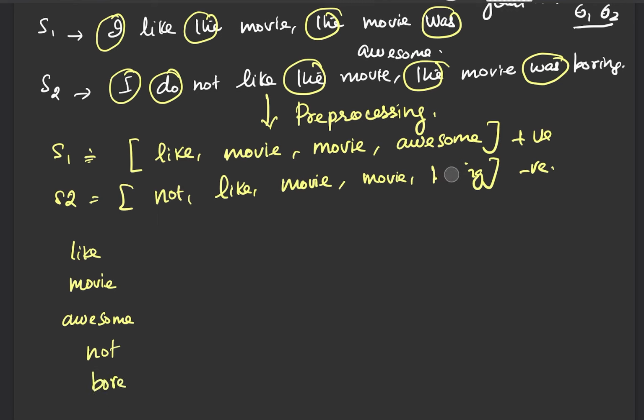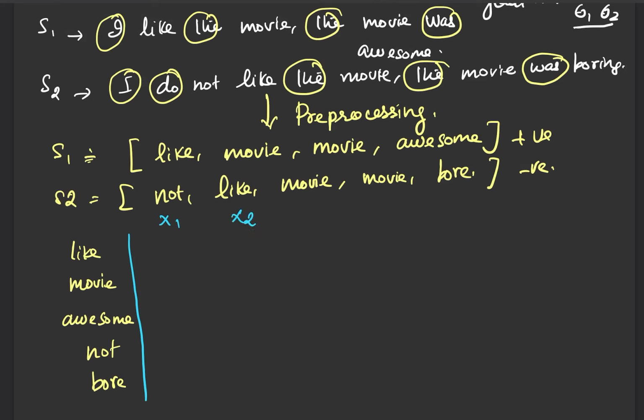It should be bore. After pre-processing, we apply stemming. The stemming creates this word, bore. So now we have our vocabulary, and then we will measure the frequency with respect to the positive sentence and negative sentence.